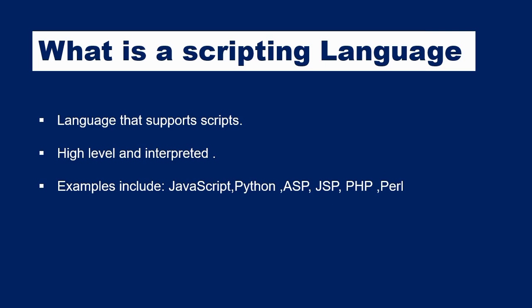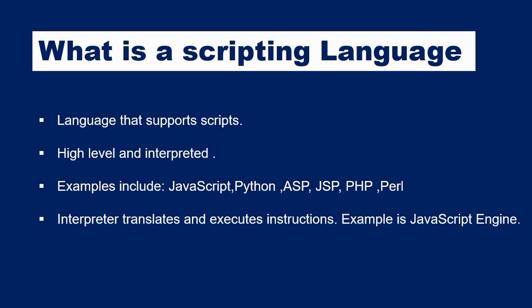And the program is known as an interpreter. A typical example for, say, JavaScript is a JavaScript engine. JavaScript engine basically is an interpreter that understands and executes JavaScript instructions or code.